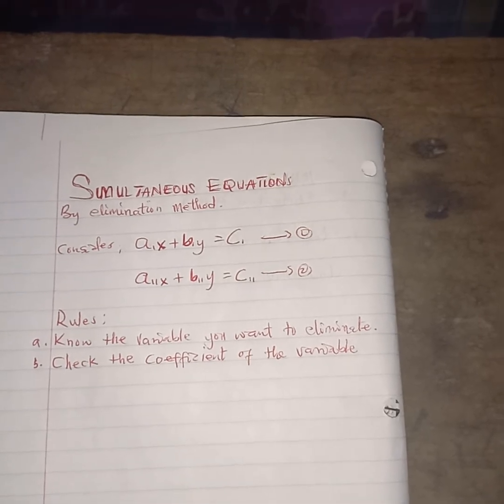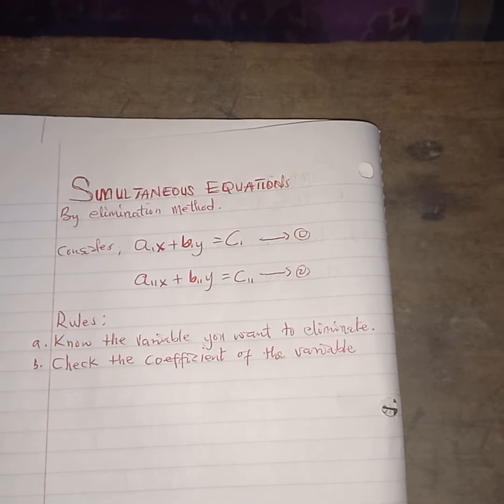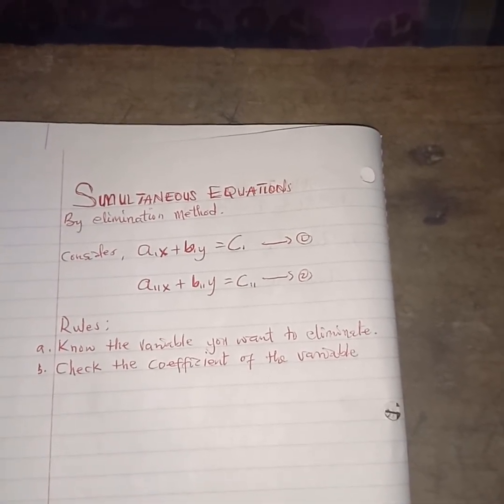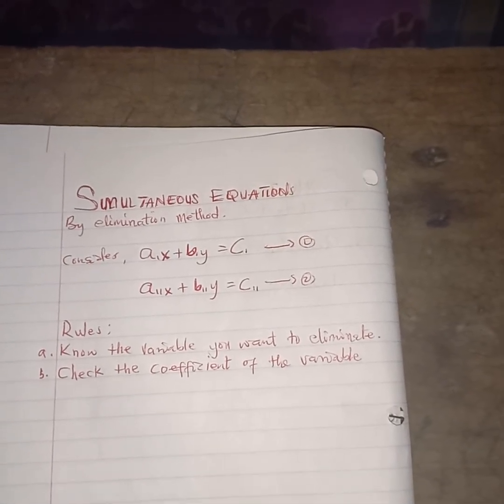But if in one equation the coefficient of the variable is more than 1, then you have to multiply each equation by the coefficient of the variable you want to eliminate.